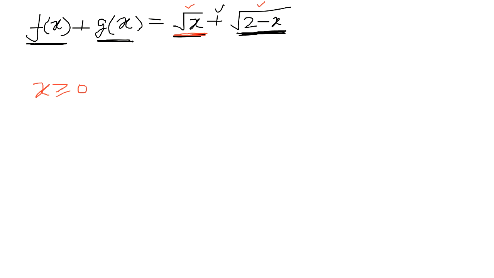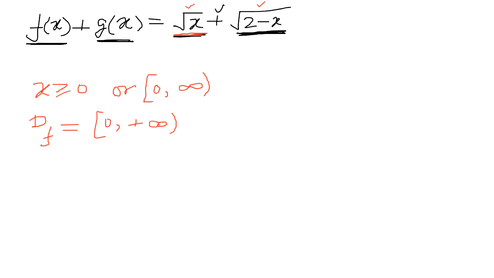What is the meaning of this? x ≥ 0 means x equals zero and x greater than zero, up to positive infinity. Right? So this is the domain of function f: domain of f equals [0, +∞).